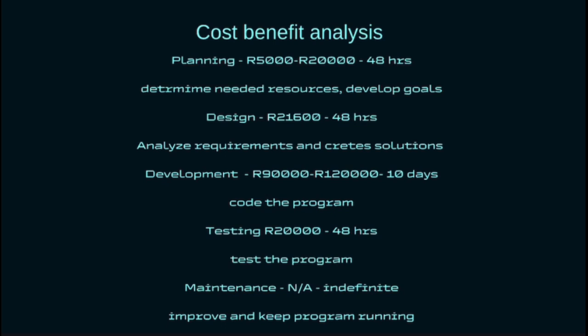A back-end developer can take home anywhere from 3,000 to 3,800 a day. So over a 10-day period, you could be paying anywhere from 30,000 to 38,000 to the back-end developer.